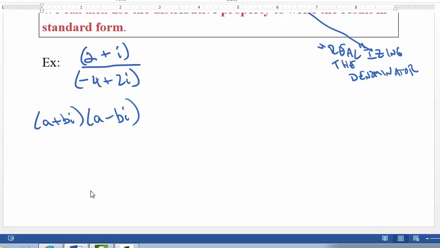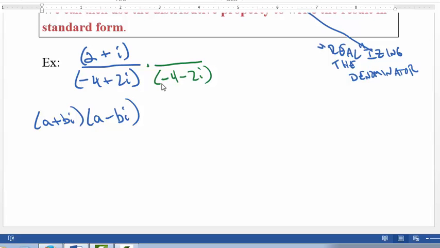All right, so if I was going to divide 2 plus i by -4 plus 2i, again, what people try to do sometimes, they say, oh, I can divide 2 by -4 and i by 2i or something like that. You're not doing that. What you're doing is treating this like you're trying to realize the denominator. And how do you realize the denominator? You multiply by the conjugate of the denominator. So if you have -4 plus 2i, the conjugate of that is going to be -4 minus 2i.